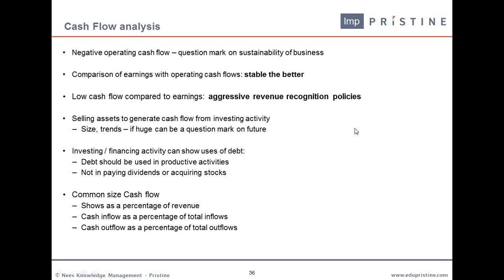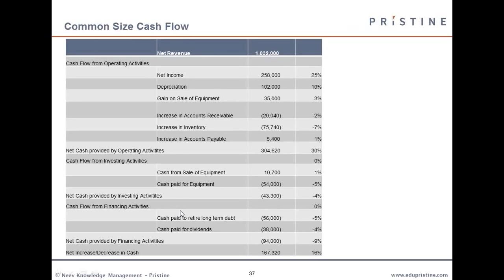Similarly, we can use a common size cash flow statement wherein, like the balance sheet, we have all the items expressed as a percentage of revenue here. So here's an example of a common size cash flow statement. These are the percentages that I'm talking about.